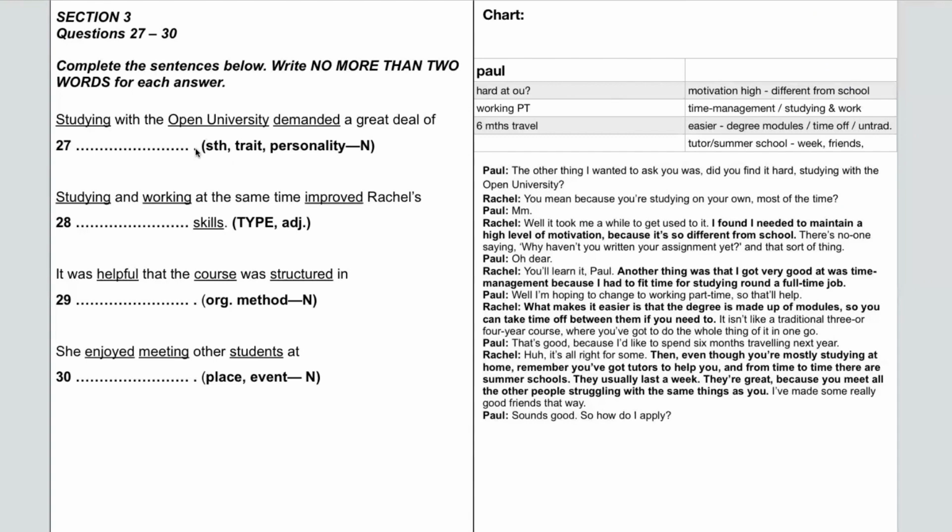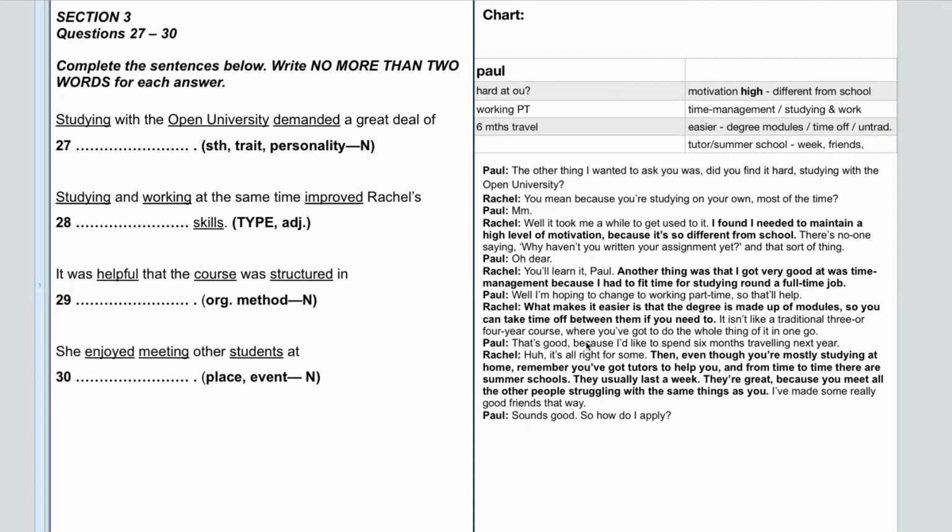And to me, it was quite obvious that motivation was talked about because Rachel said she had a high degree of motivation, and high could be a synonym for a great deal of. So if you were thinking motivation, you're correct. It demanded a great deal of motivation.